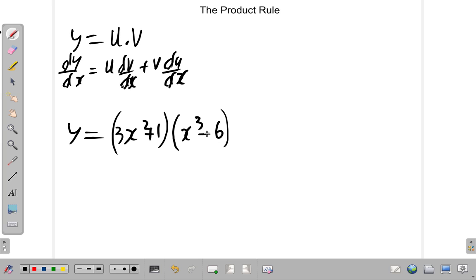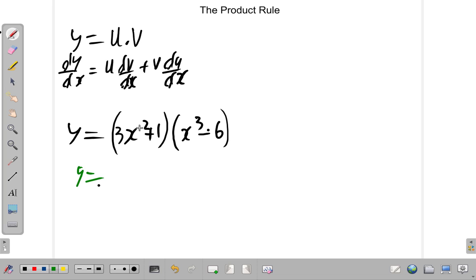You know what? Let us multiply them out together and differentiate. Then let us use the product rule and differentiate using that and see if we get the same thing. So let's multiply them out.